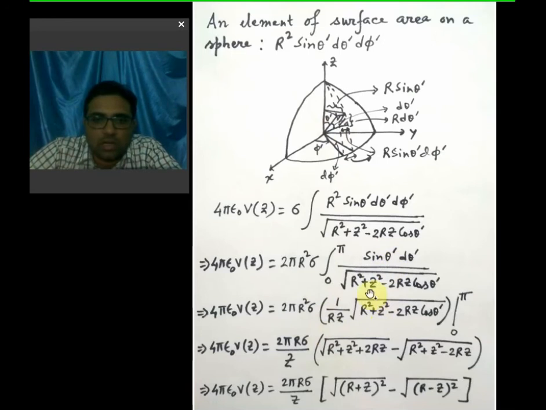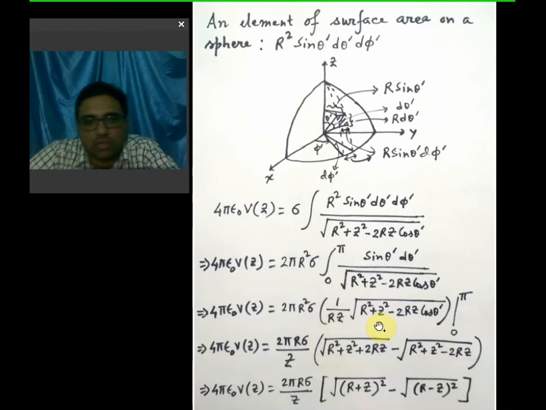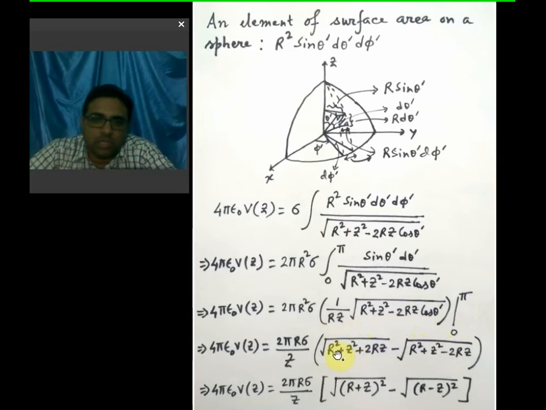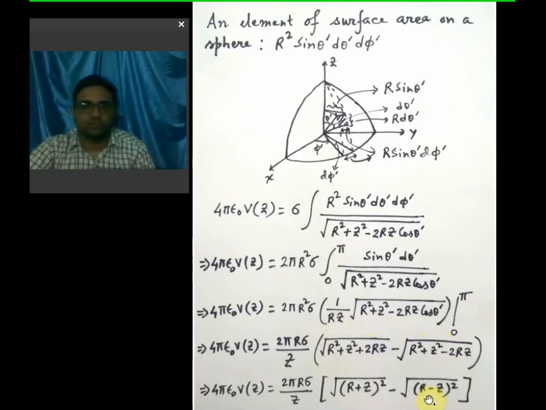Now after integration, this 1 by rz will come out, and this will be root over r square plus z square minus 2 r z cos theta prime, and 0 to pi we have to put. Now if we put that, we get this form, and this will be root over r plus z whole square minus root over r minus z whole square.